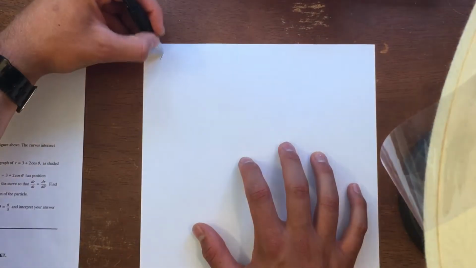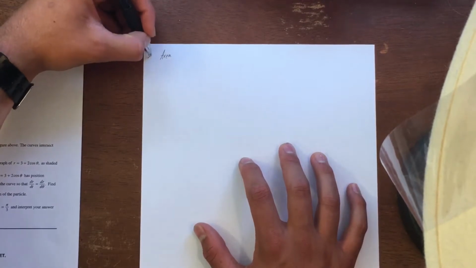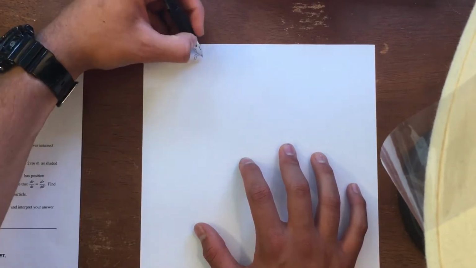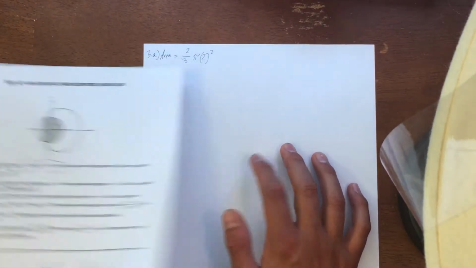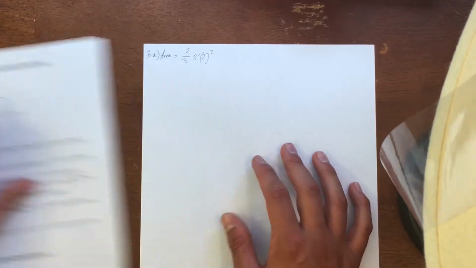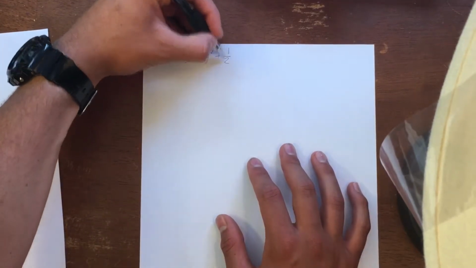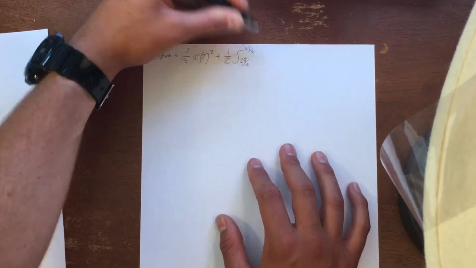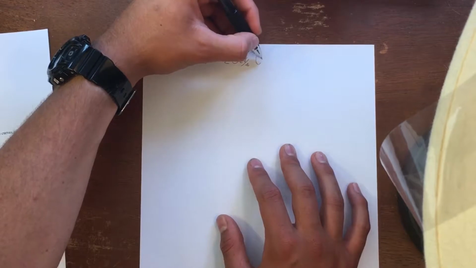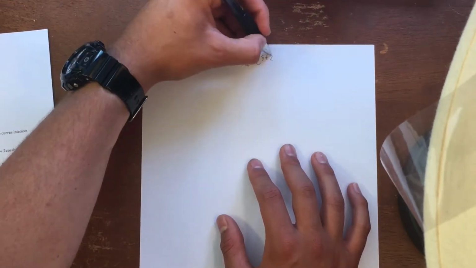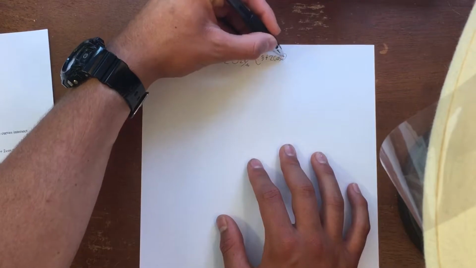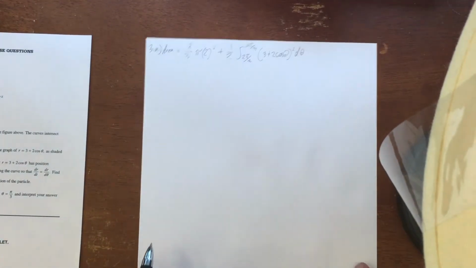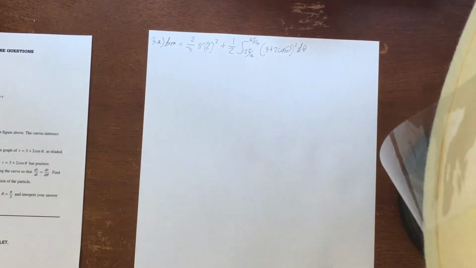So the area for part A is going to be equal to 2/3 pi times 2 squared, because the radius is 2, because this is the inner circle, plus 1/2 the integral from 2 pi over 3 to 4 pi over 3, those were the given bounds, of (3 plus 2 cosine theta) squared d theta. So that is the equation you will want to be using for part A.